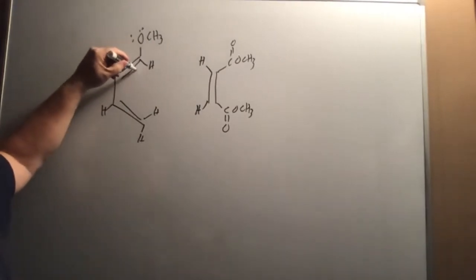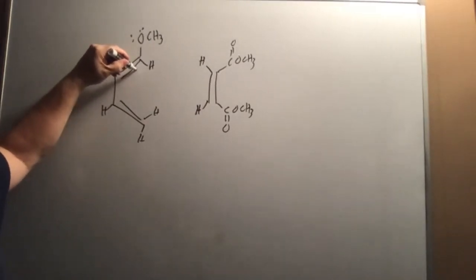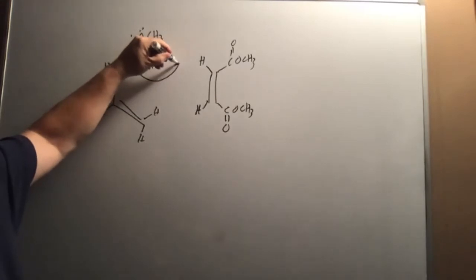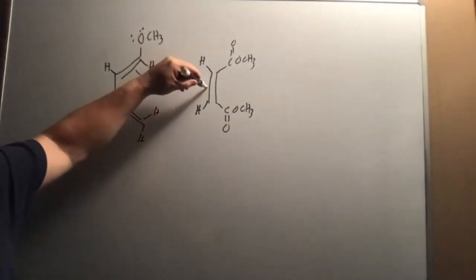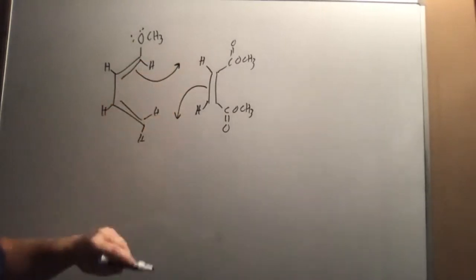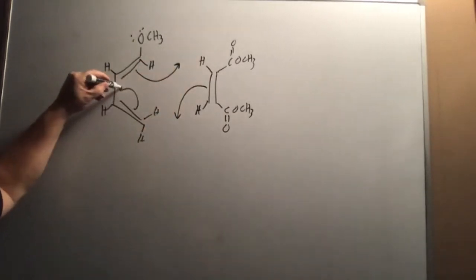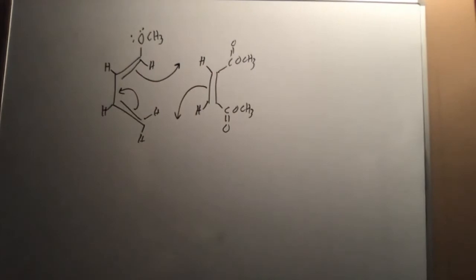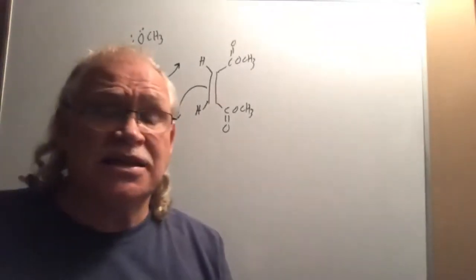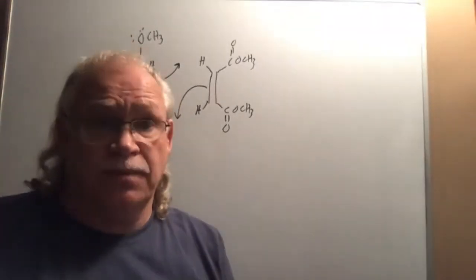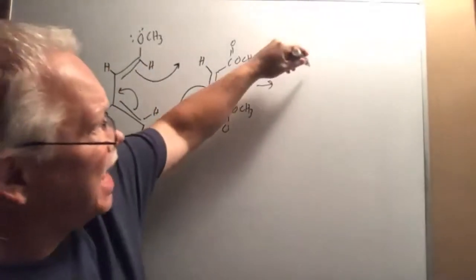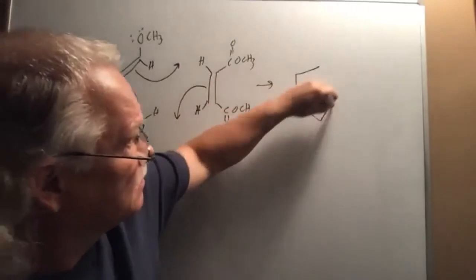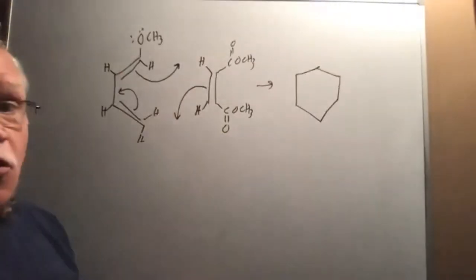This pair of electrons, and it makes no difference which way you rotate these, but I'll try to be consistent with my notes, comes up there. This pair of electrons comes down here, and this pair of electrons moves back there. Now, this is not resonance, this is actually a reaction. So what we end up with out of this reaction is this, a six-membered ring.